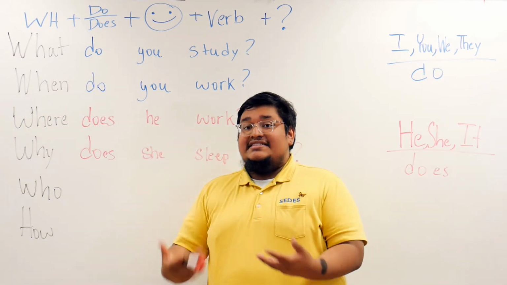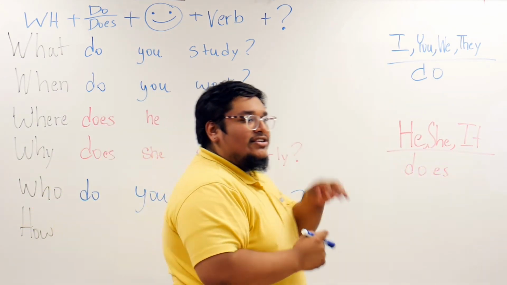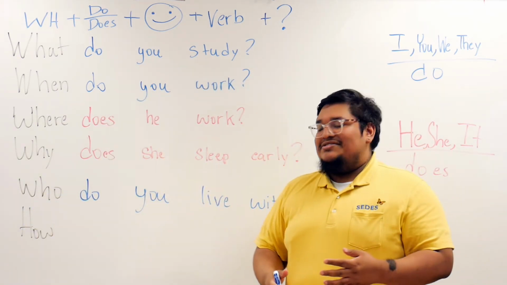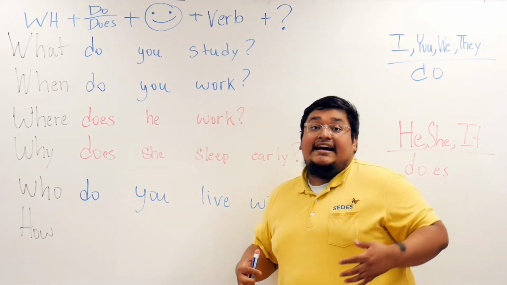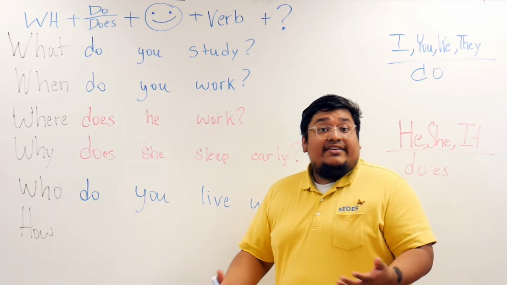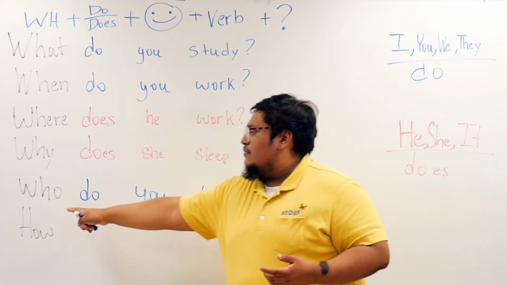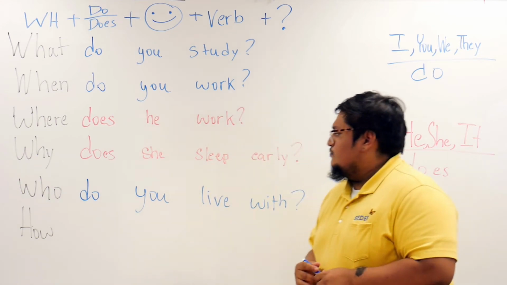Who is for a specific person. So let's say, this question is a little bit intrusive, but who do you live with? You can say, I live with my mom, I live with my dad, I live with my wife, I live with my husband, whoever it might be. You're asking for a person.